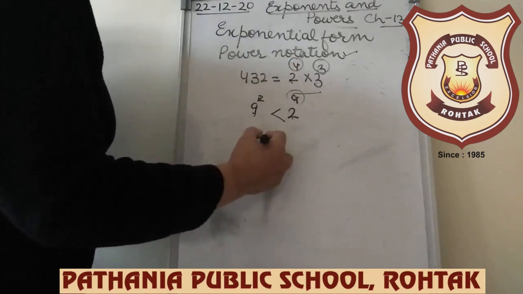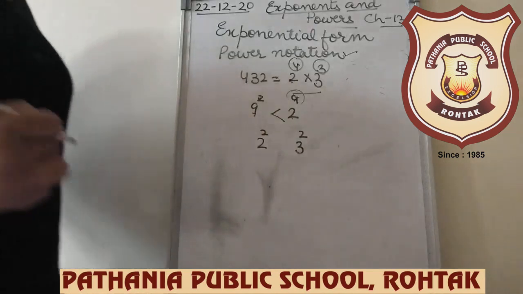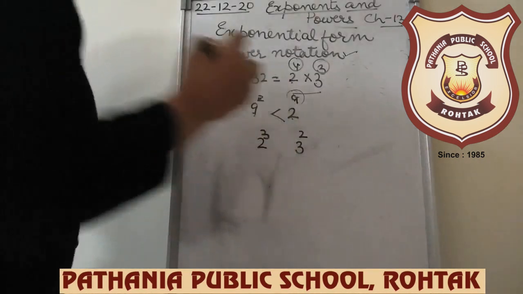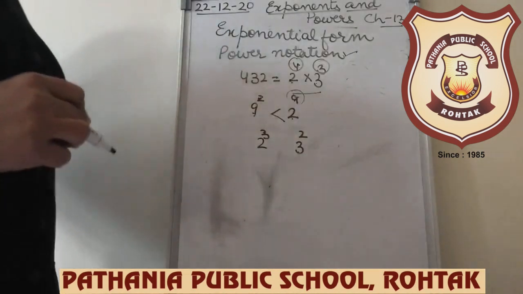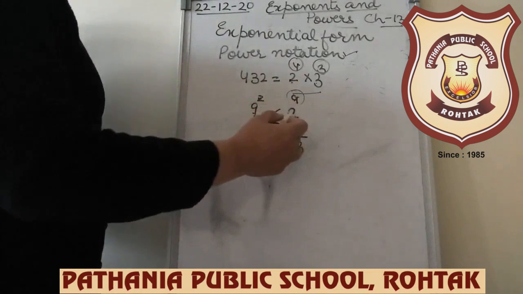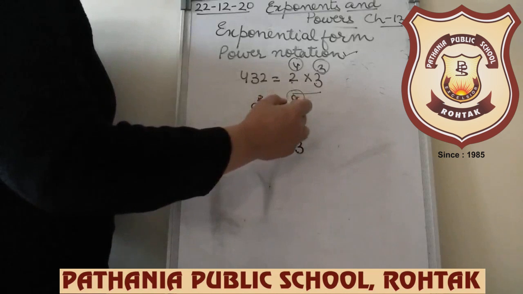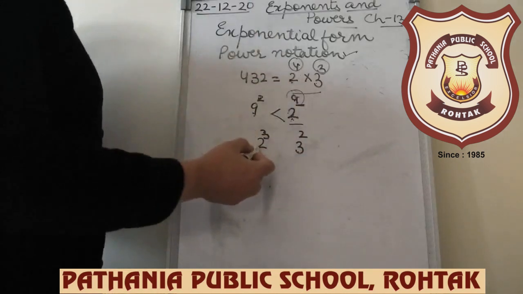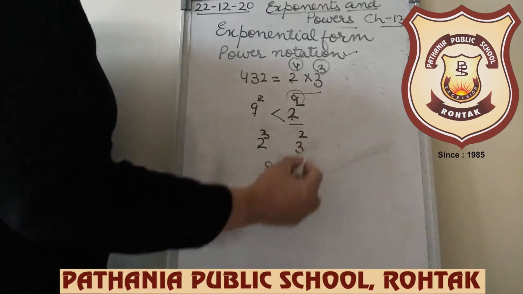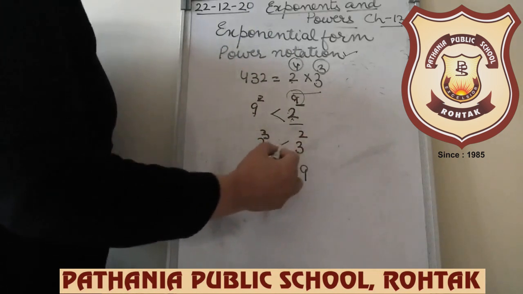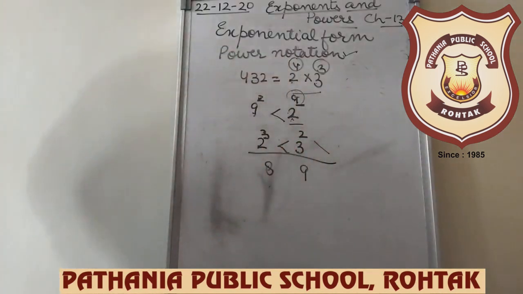Only exception is with 2 raised to the power 3 and 3 raised to the power 2. Here the base is smaller, power is bigger, but this answer is going to be 8 and this is 9.